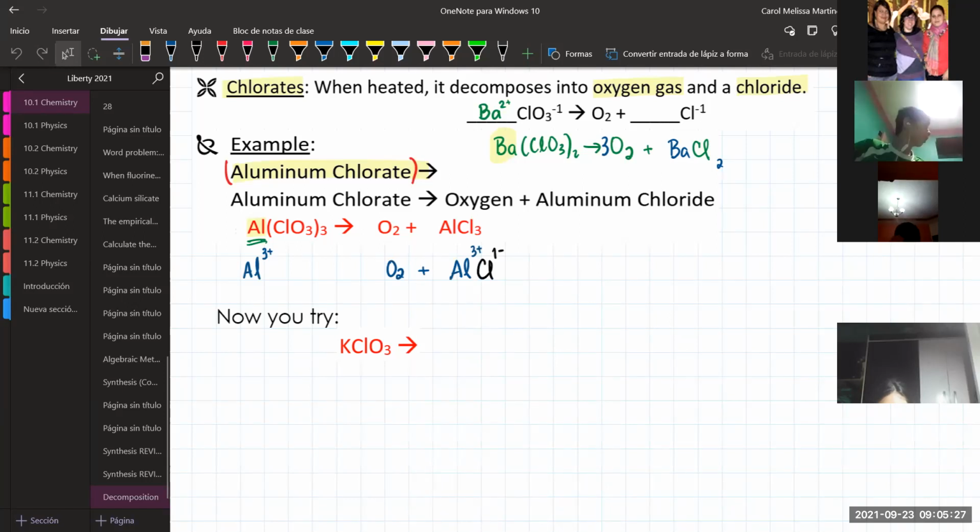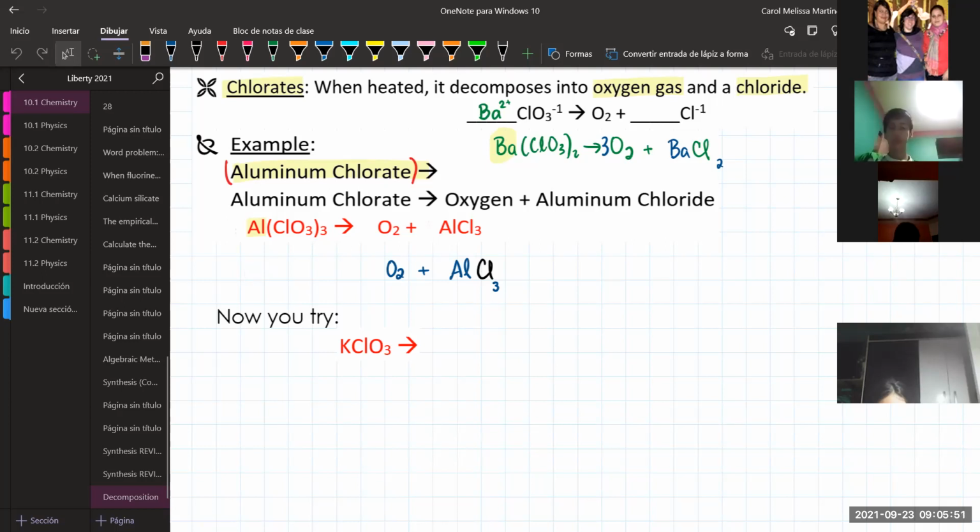Remember, the charges that are 1, we're going to ignore them, and we're just going to crisscross charges different than 1. In this case, this 3 is going to come below. And the charge of 3 is going to be written down. You delete it from the above part, and this is going to be the product. Okay?